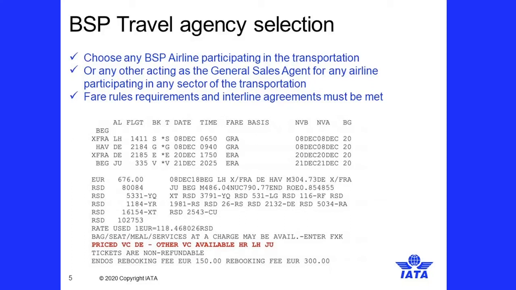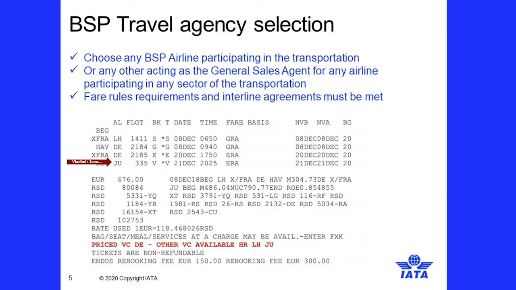It's all going through IATA platform. Apart from, again, United States of America, they have the ARC. It's another way of reporting, but let's say it's similar to the BSP. So the rule of BSP says that you can choose any airline participating in the transportation.